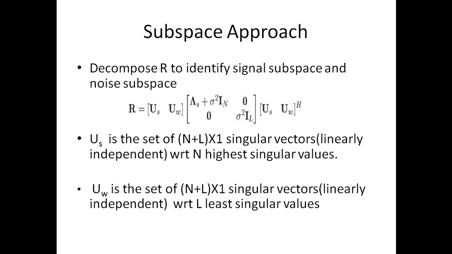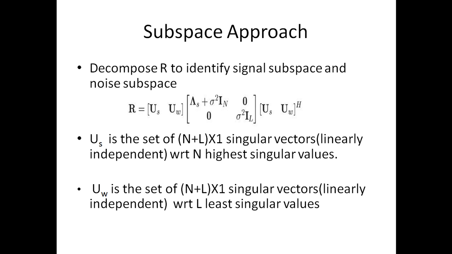Now decomposing this autocorrelation matrix, we can observe that there will be N plus L linearly independent singular vectors because the autocorrelation matrix is Hermitian and positive definite.